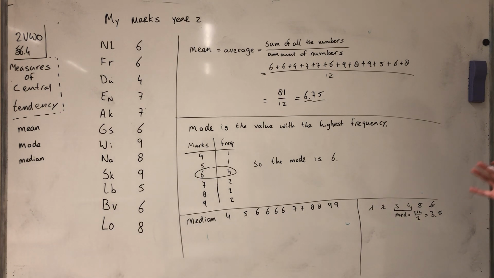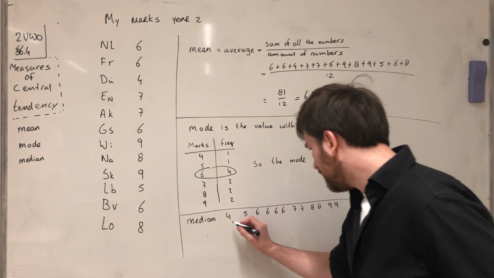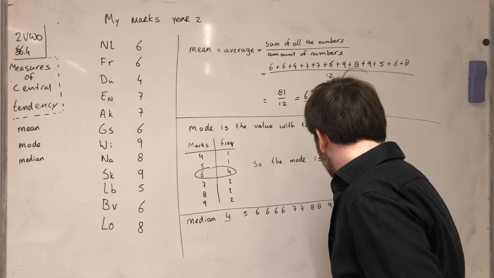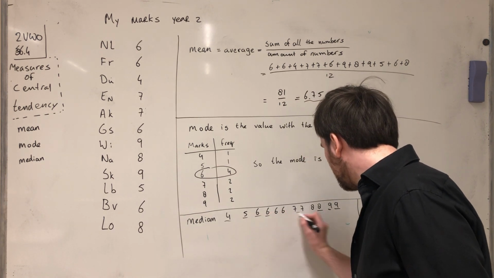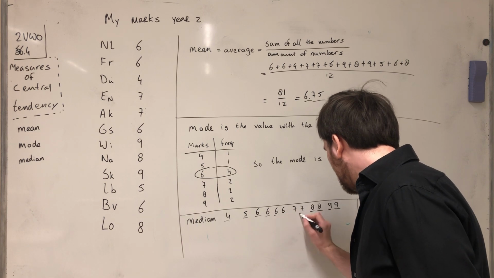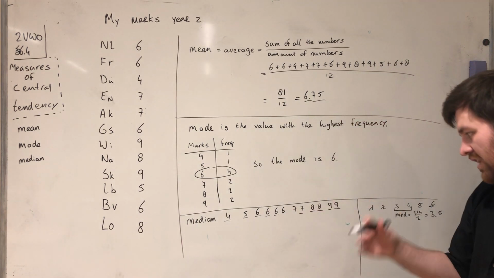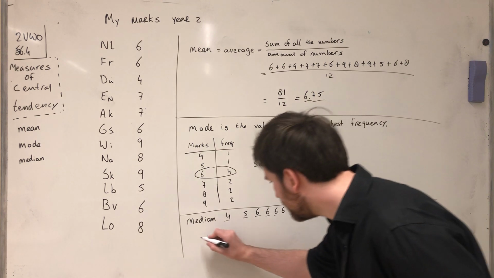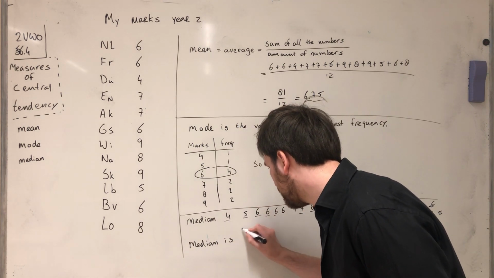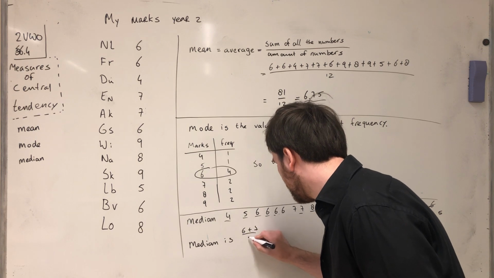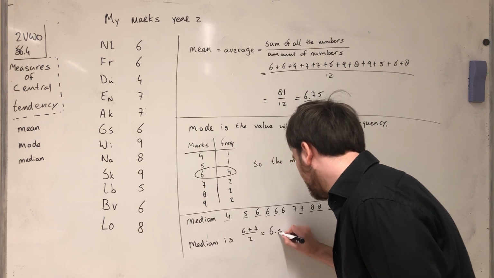So we're going to do something similar over here. So this is not the median. This is not the median either. And we're basically ending up with two numbers in the middle, a 6 and a 7. So the median is 6 plus 7 over 2, which is 6.5.